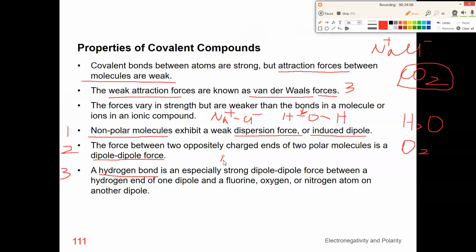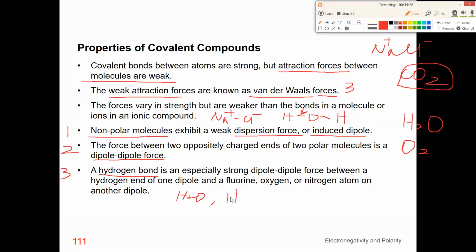Dipole force, like between water molecules. Oh no, not water molecules. Probably I'll figure out more examples. So hydrogen bonds are between water molecules.